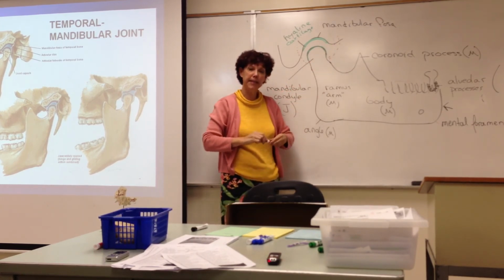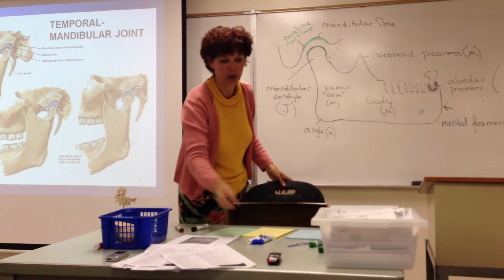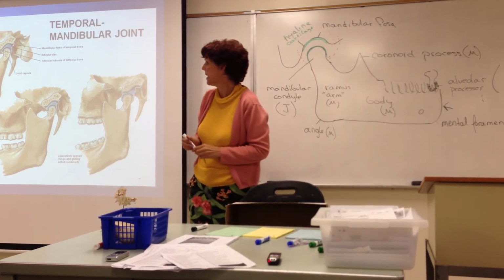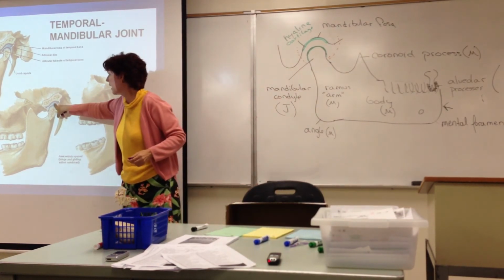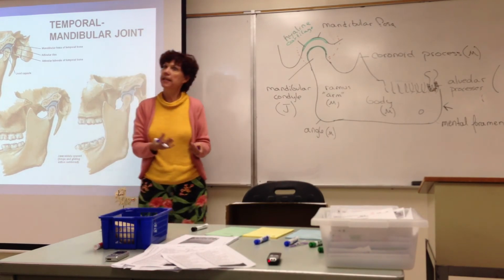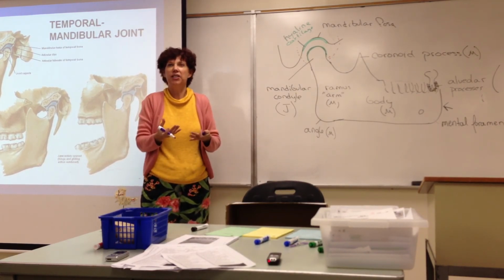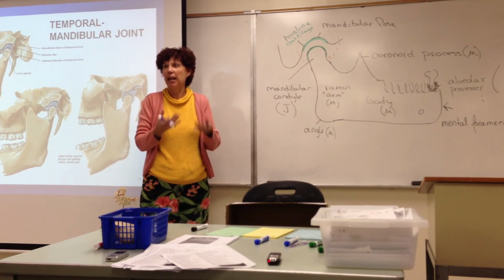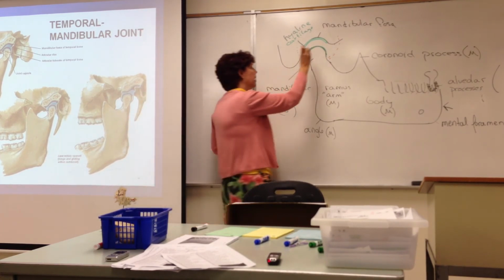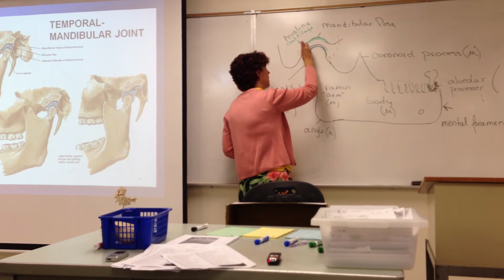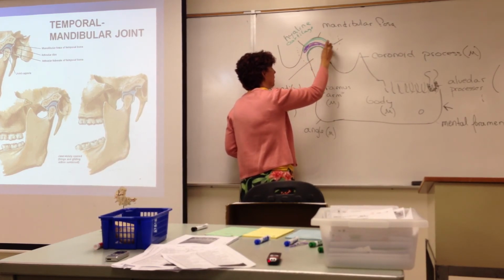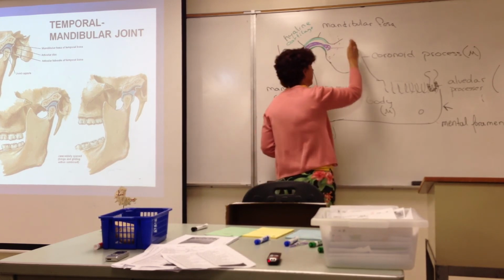And we have another piece of cartilage, a piece of fibrocartilage, forming a disc, and that would be this structure right here. So you've heard of the menisci of the knee? That's a piece of fibrocartilage in a synovial joint. Okay, it helps to absorb pressure. So there is a fibrocartilage disc within this joint.